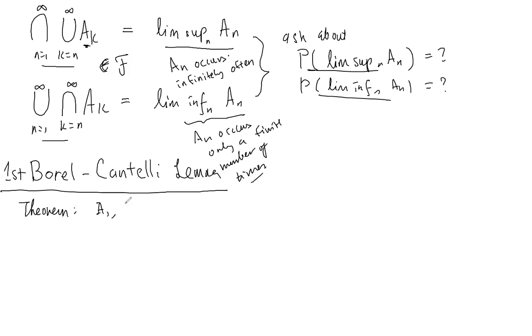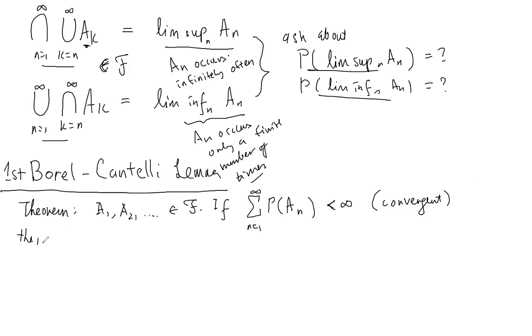You have A1, A2, and so on in F. So if the sum of the individual probabilities of the sets is finite, okay, convergent, right? The sum is convergent.